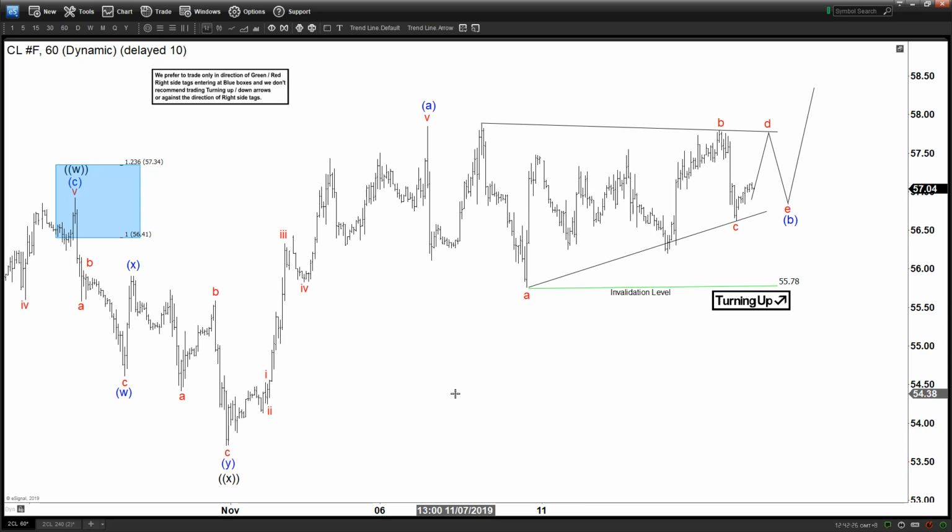Okay, now I would like to show you the larger degree picture here, which I think is more useful than this 1 hour chart. The 1 hour chart is basically seeing upside. So I will be showing the 4 hour higher degree view, not a complete view, but it will help to make sense of the current move in oil.